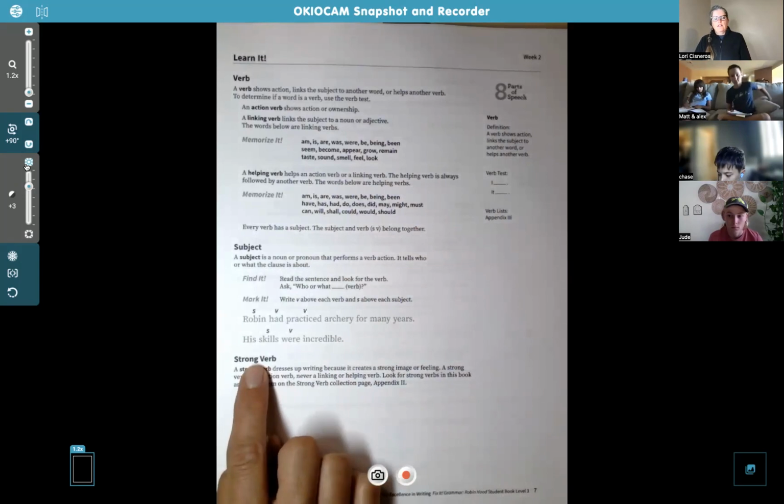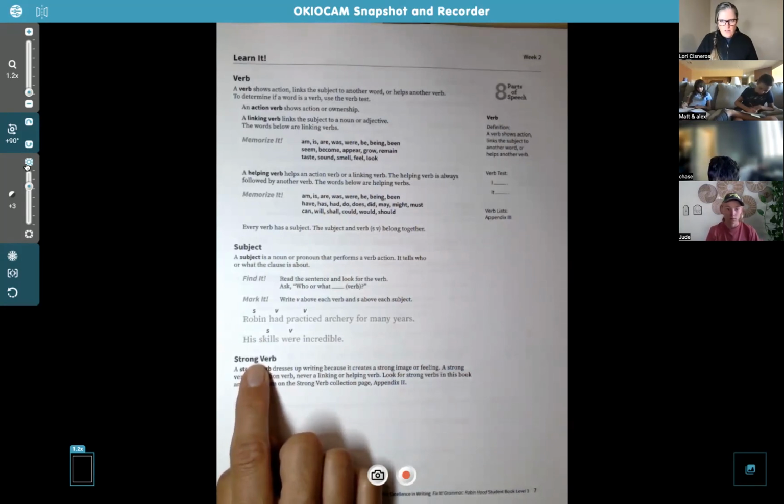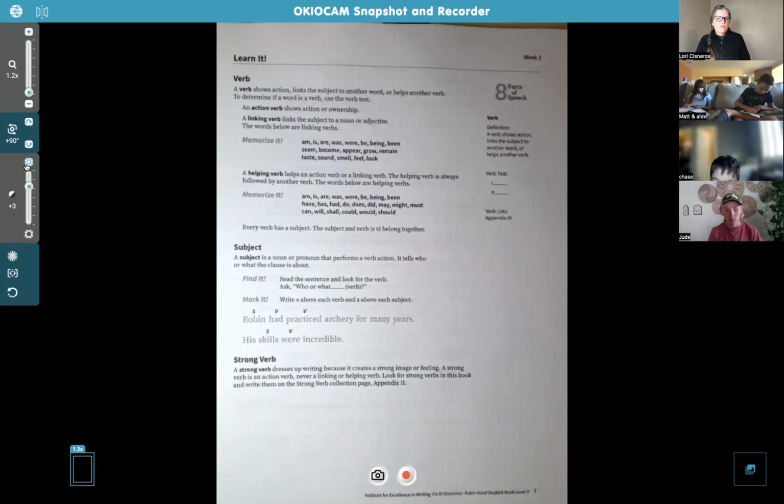One more thing here is a strong verb. In this class, once we get deeper into the writing part, you're going to learn how to use strong verbs in your writing. A strong verb is a verb, but it gives the reader a better image of what's going on in the sentence.